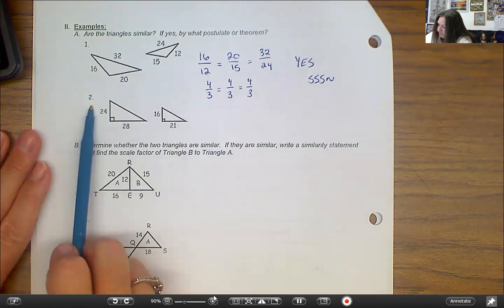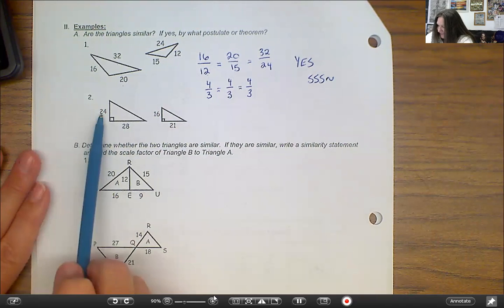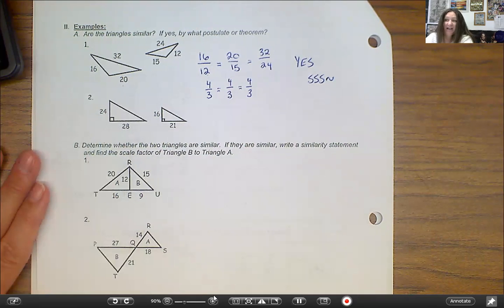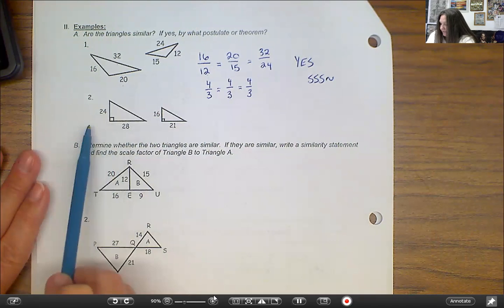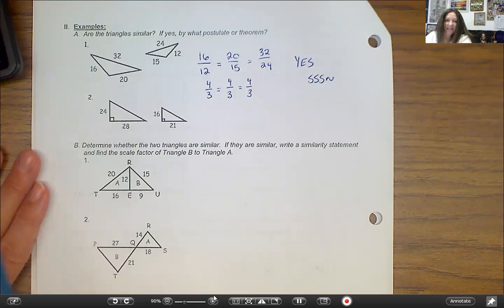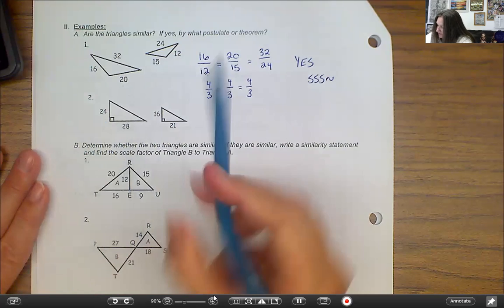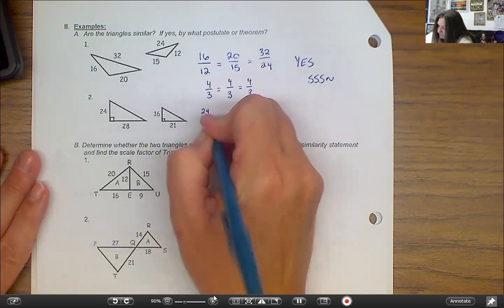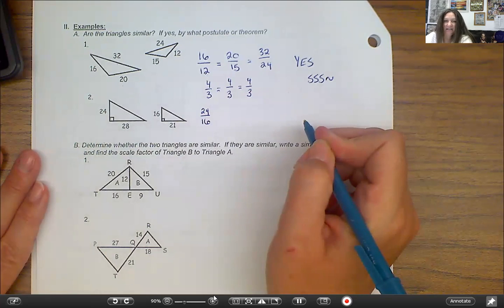In number 2, though, I would test this using side angle side, because I have values in that order as I move around my triangle: a side, an angle, and then a side. So what we want to do is look at those scale factors first. The smaller leg on this right triangle is 24, which would correspond to the smaller leg over here of 16.